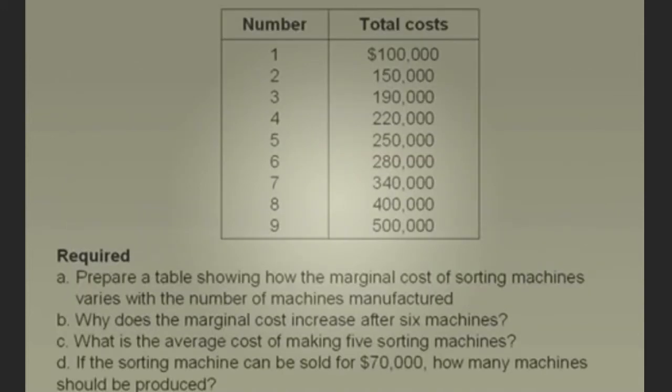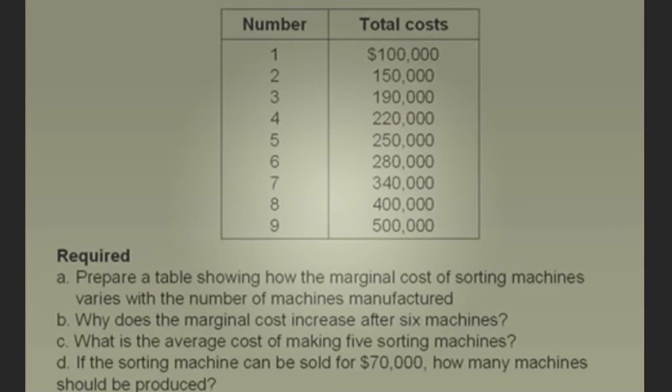I've given you the total costs, and this is what's required. A, prepare a table showing how the marginal cost of sorting machines varies with the number of machines manufactured. Part B, tell me why the marginal cost increases after 6 machines.